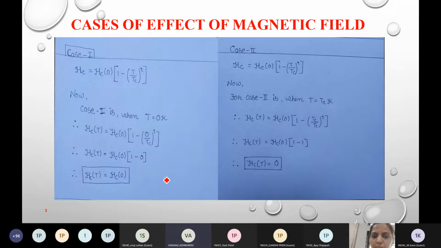No, ma'am. What is the value of Hc of T? It is 0. You cannot apply a field when the temperature of the material is exactly at Tc. So what is advisable? What should the temperature be? T less than Tc. Okay, then we are allowed to use it for practical life.